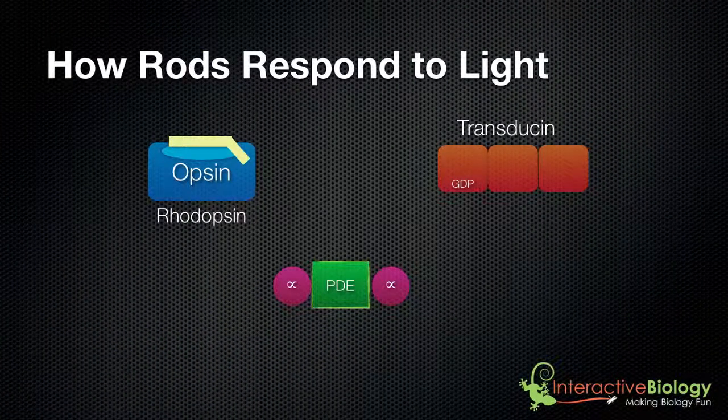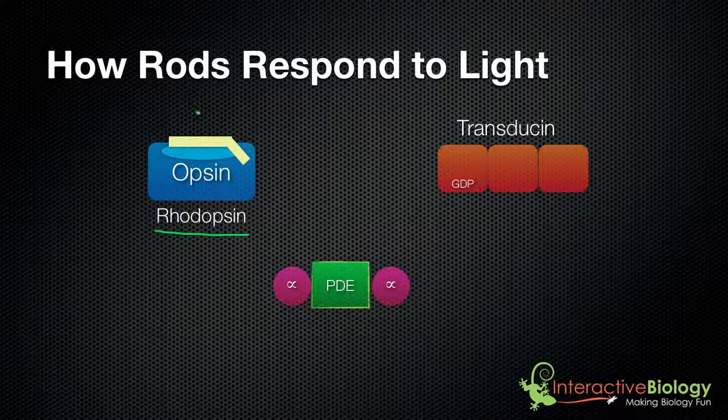So here we are inside the rods. I know it doesn't look like it's inside of the rods, but that's fine. It has the major things that we need. And there are three main things that I want you to pay attention to. Here we have the visual pigment that's found in the rods, and that's rhodopsin. Now, rhodopsin is made up of the protein opsin and retinol.